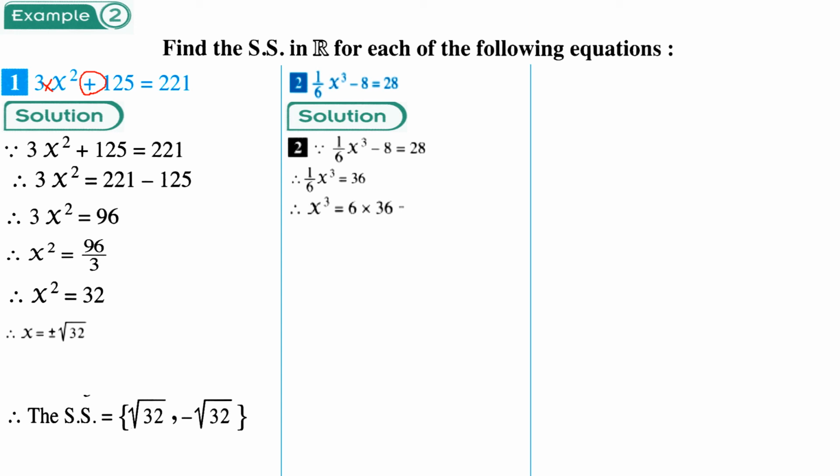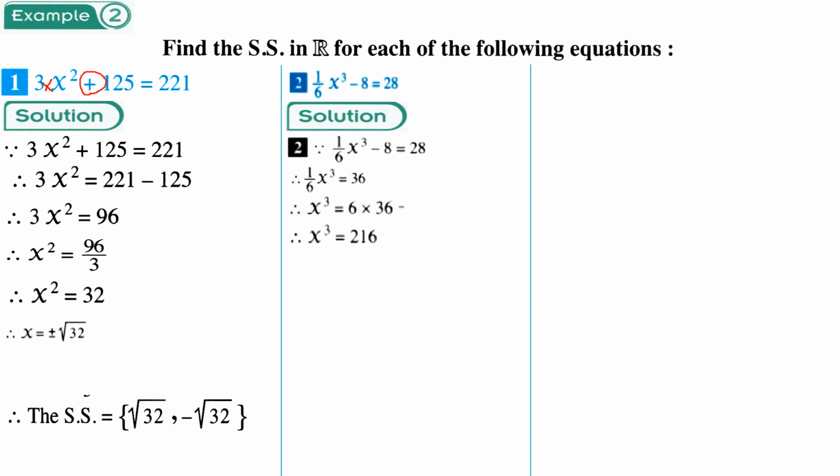We'll get 36. Now, which one will we start with? 1 over 6 or power 3? Exactly, we'll use the inverse operation of the multiplication by 1 over 6, so we'll use the division. We will divide both sides by 1 over 6 or multiply both sides by 6, so we'll get 216.